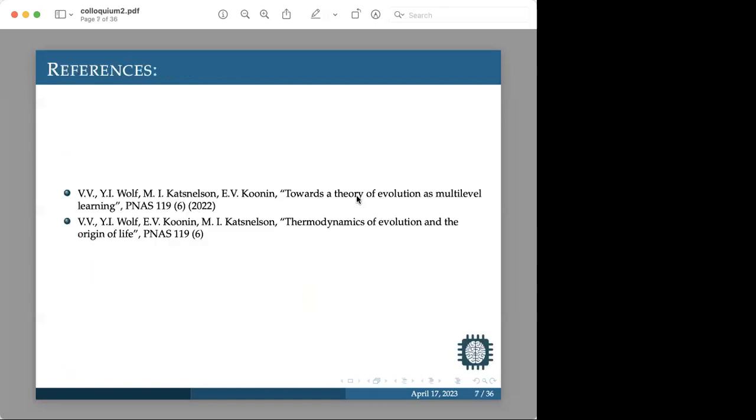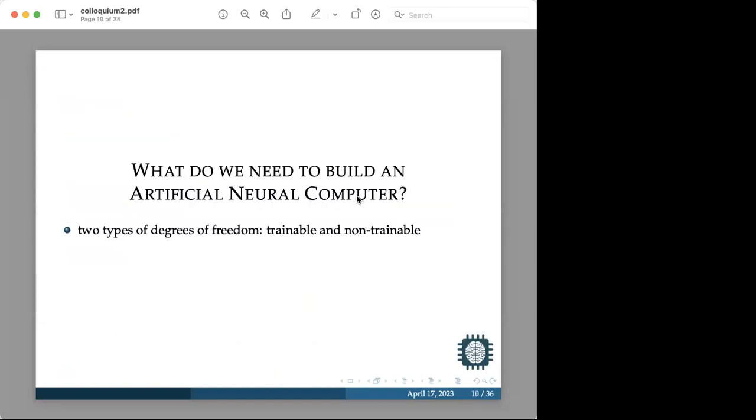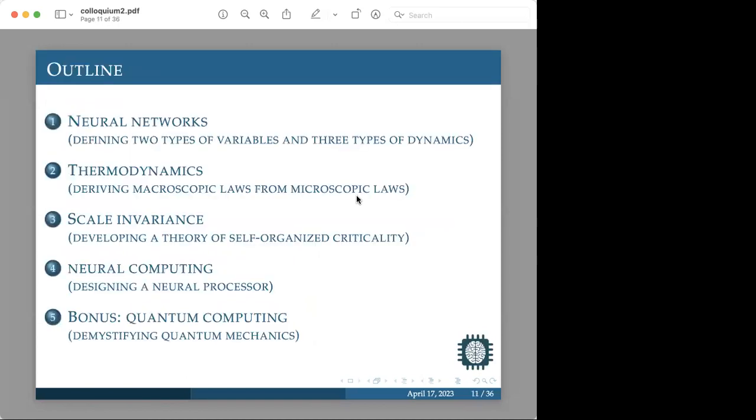So let's go back to this question. We identified there have to be trainable variables, and the other thing is, if you are to do something with a physical system like condensed matter or soft matter, you need to create a phenomenological description where you do not pay attention to small details.